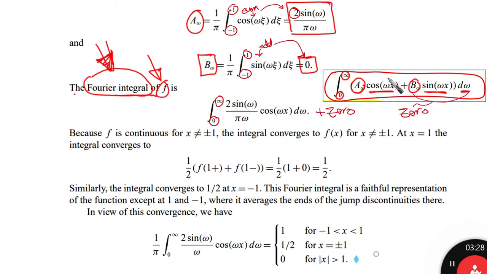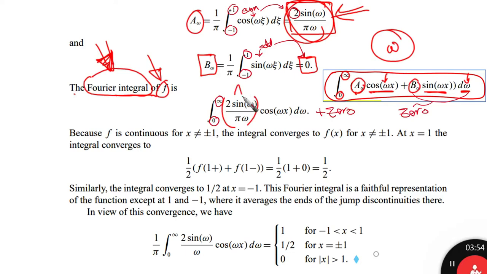And remember this omega, it replaces what? Exactly, the summation index in the Fourier series is replaced with this integration variable omega. Now we're going to look at this again, integration from 0 to infinity. A omega, we said, equals 2 sine omega over pi omega.